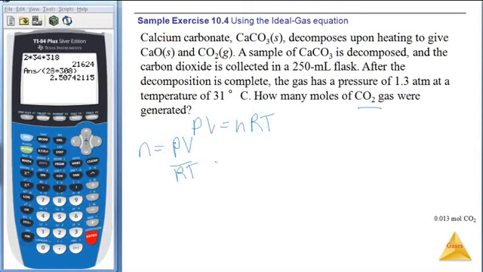So let's fill in what we know. This is 1.3 atm. We know volume is 250 milliliters.